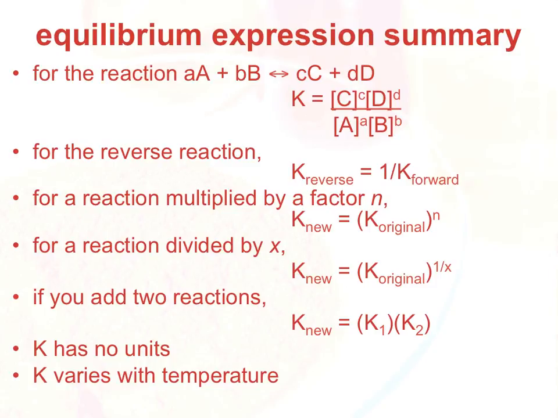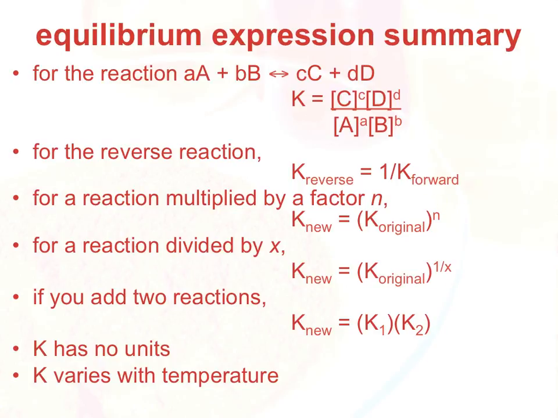So if I know the equilibrium constant for the forward reaction, in order to find the reverse, I just take the inverse of my forward value. If I multiply a reaction through by some number, I take the original unmultiplied equilibrium constant and raise it to whatever power I multiplied by.